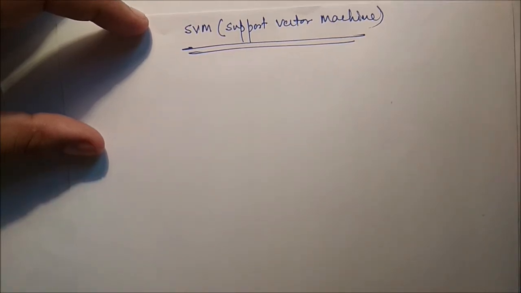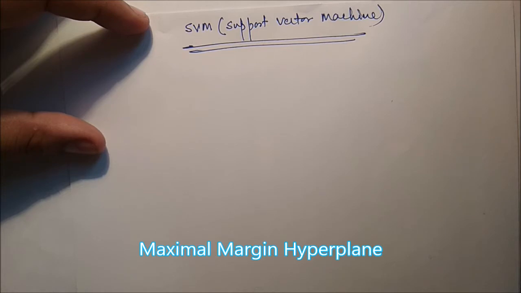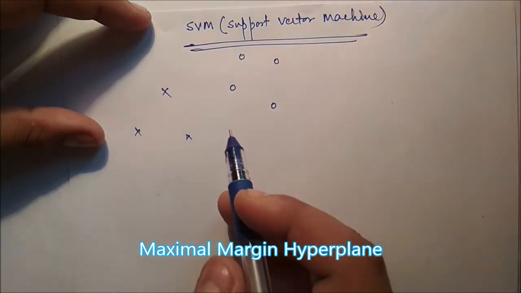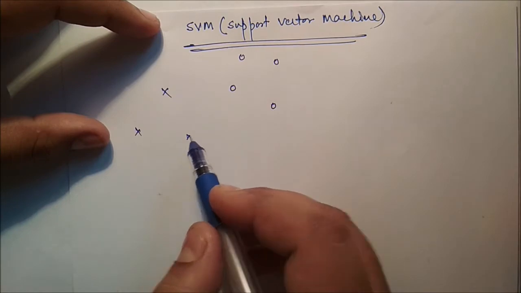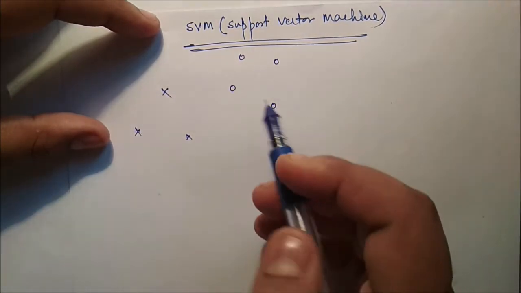Now, to explain support vector machine, we should know what maximal margin hyperplanes are. Let's say we have a set of data with two different classes, the cross class and the circle class, and the data are linearly separable.